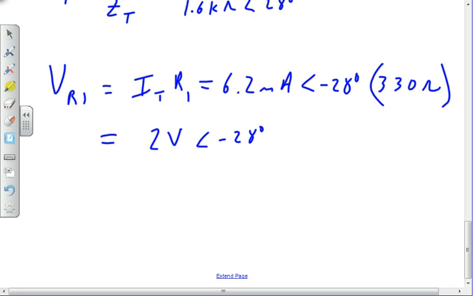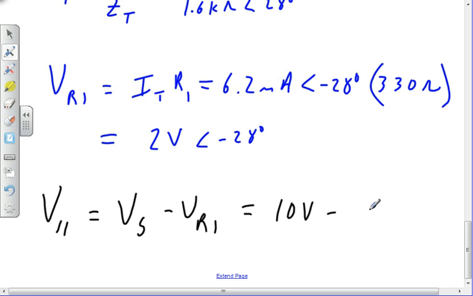Okay. The voltage across the parallel path is going to be voltage source minus voltage across resistor 1: 10 volts minus 2 angle minus 28 degrees. Thank you, sir.